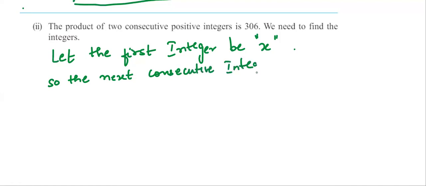The next consecutive integer will be x plus 1. So let the first integer be x, and the next consecutive integer will be x plus 1.